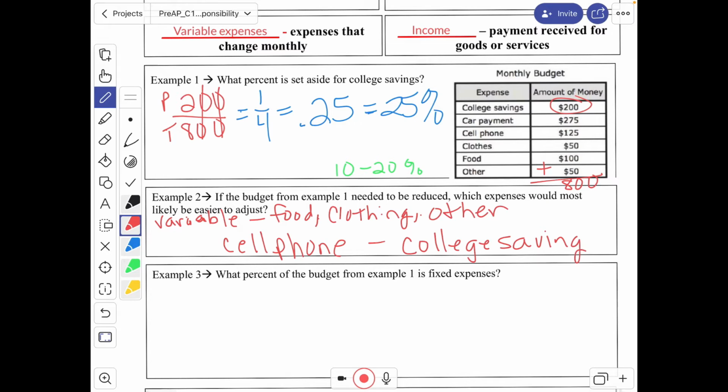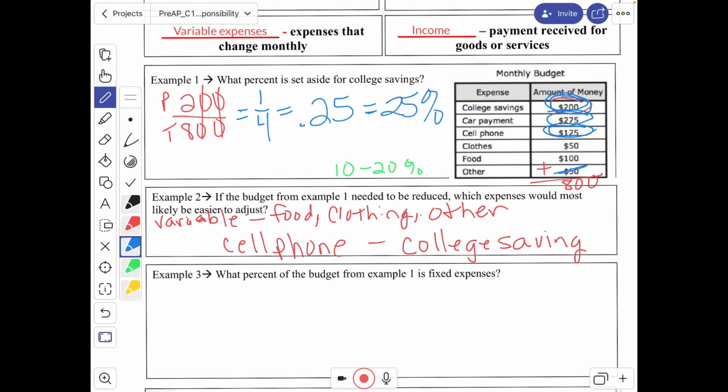Example 3. What percent of the budget from example 1 is fixed expenses? So her fixed expenses would be the college savings, because she has set an amount, the car payment, the cell phone bill, and the rest of those might change. She might spend a little bit more on clothes or a little less, and she might spend a little more or less on food.